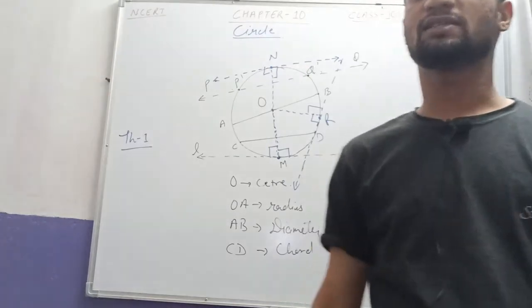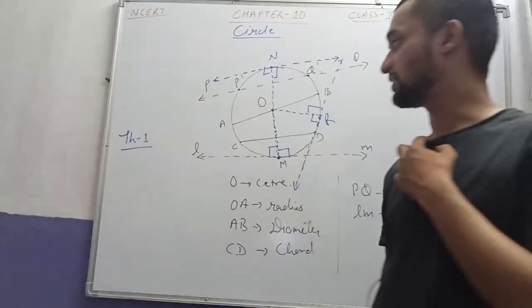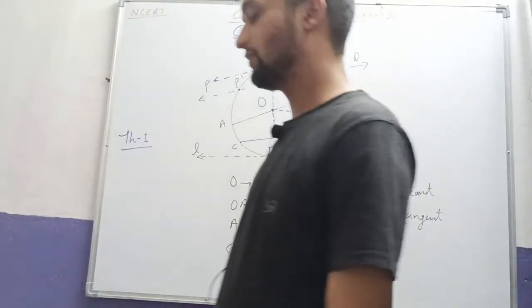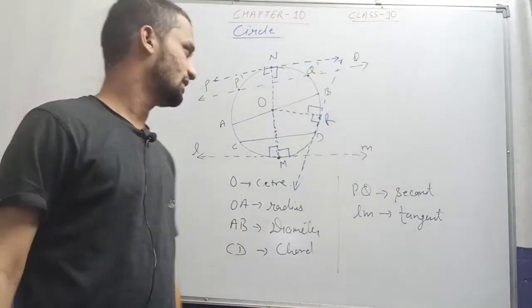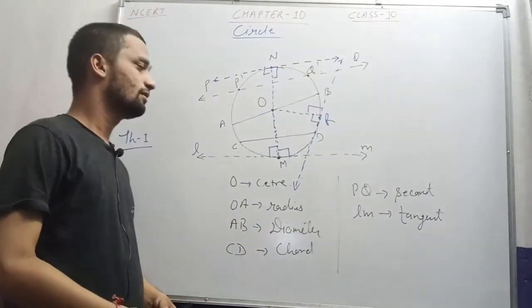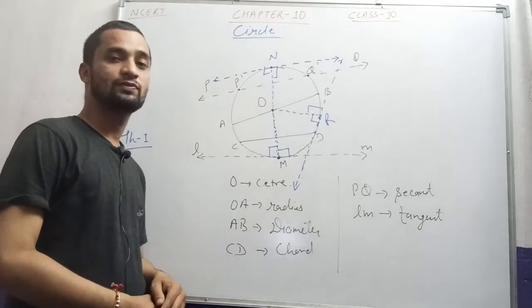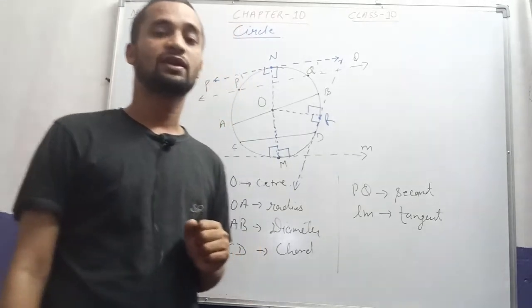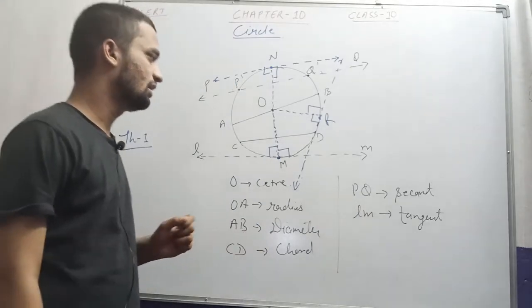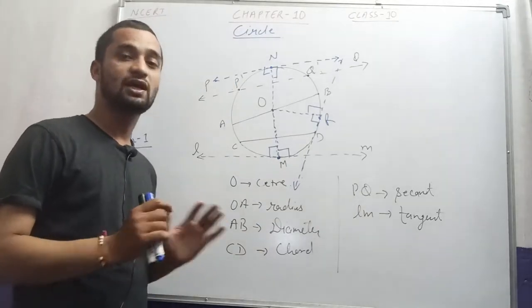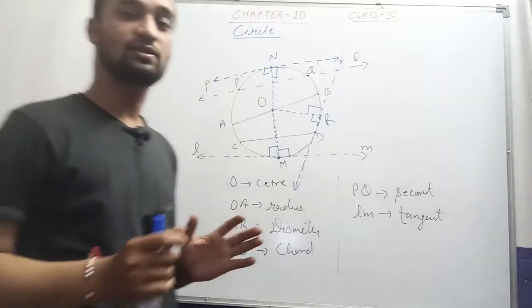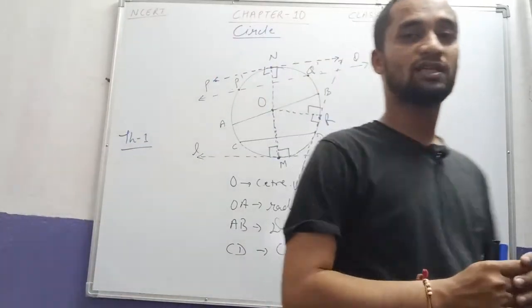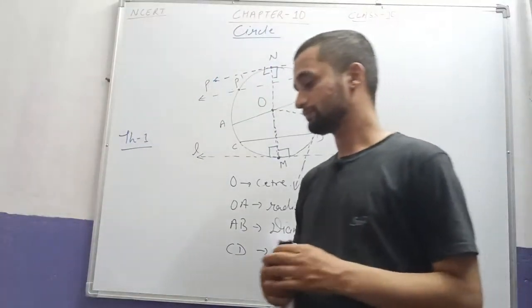In exercise 10.1, some fill-in-the-blanks are there, and one very important thing you must know: a circle can have an infinite number of tangents.